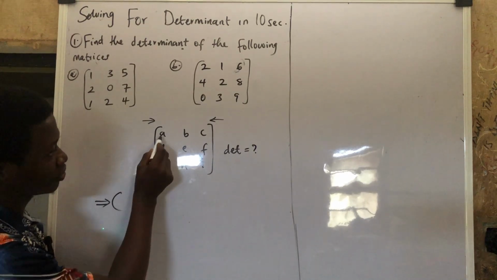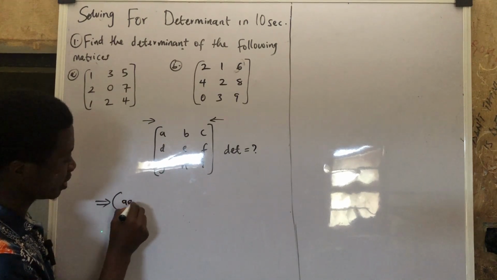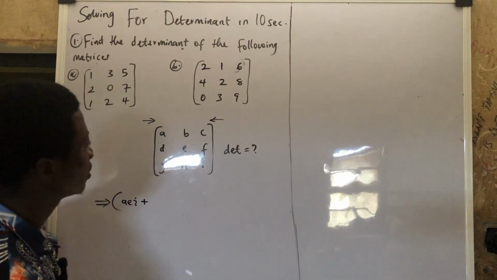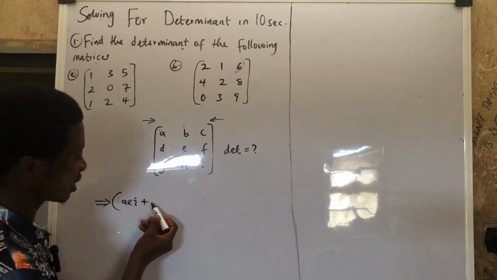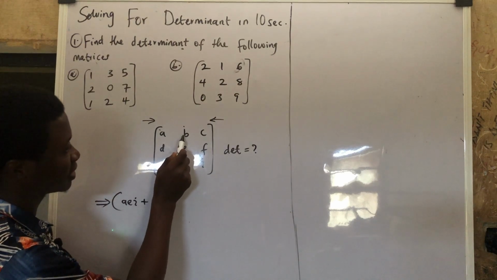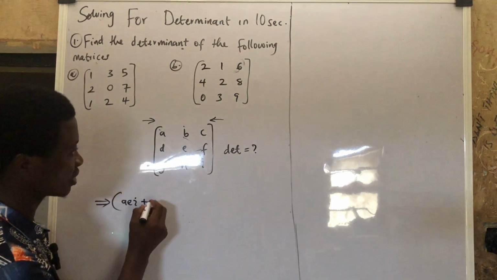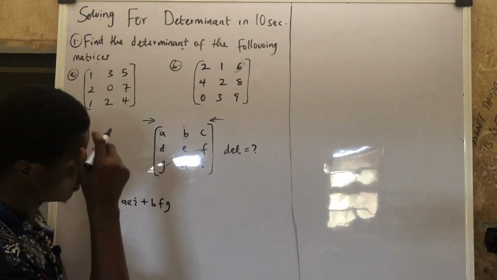first, since you are considering from this side, you multiply all of this. So that will be AEI, right? Then plus. Now you have done this. The next is this. For you to get the next value here, you multiply this with this and this. Please pay attention. So that is going to be BFG, right?